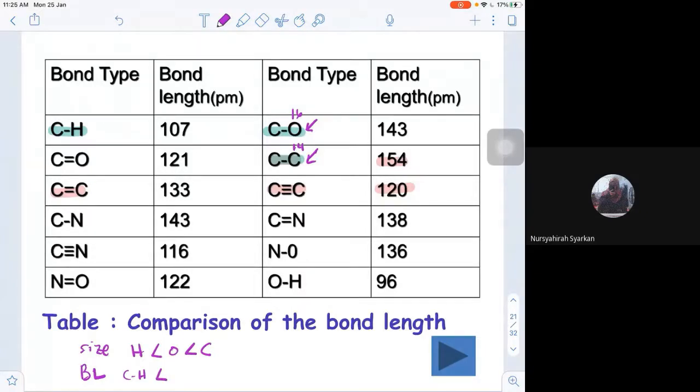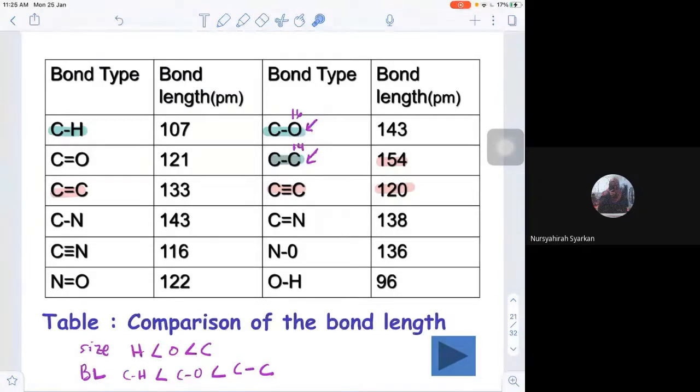It is shorter than carbon and oxygen, and shorter than carbon with carbon. Carbon-carbon is the longest one, proved by this value 154. C single C is the longest, then C single O is 143, and C single H is 107.